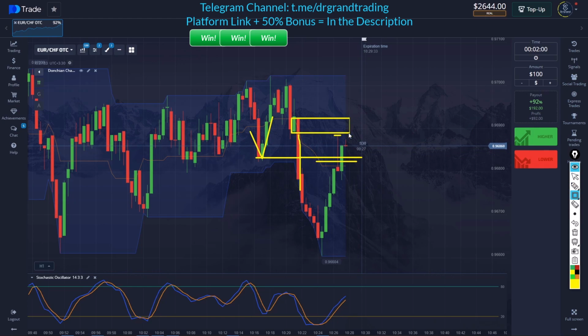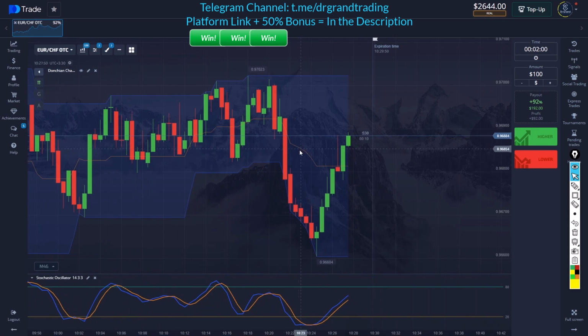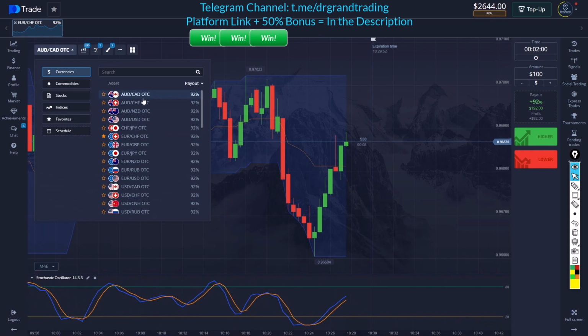So it means that we can take our trades at this area with marginal safety if we are taking a 1 minute trade. I'm not going to take that trade, but I'm just saying that you can be really creative with this indicator in your favor. Okay, let me just move on to the next one.